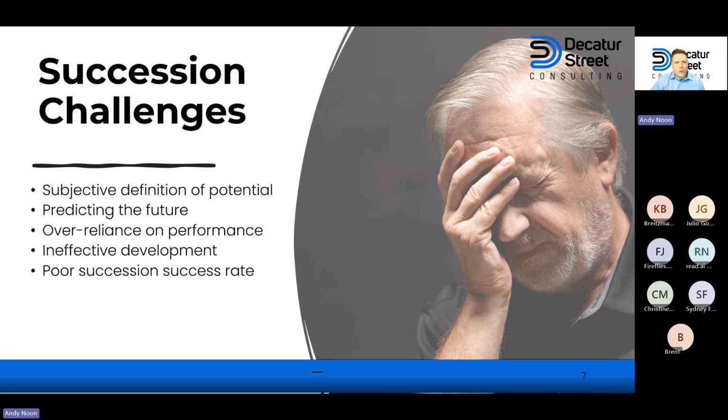We know from the research that typically evaluations of potential overemphasize current performance. And I'll talk a little bit about that, where actually what we know is that current performance is not a strong predictor of future success in a different role. And so you need different ways in which to assess those capabilities. We know that there's a lot as it relates to ineffective leadership development.